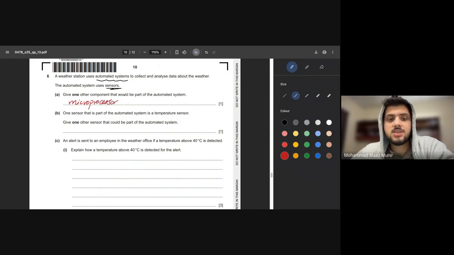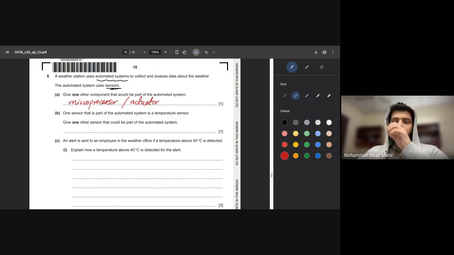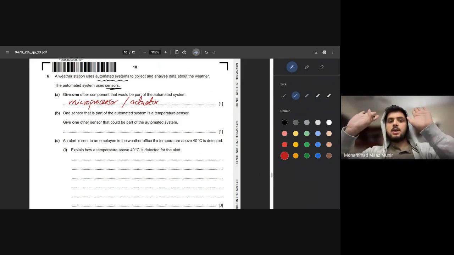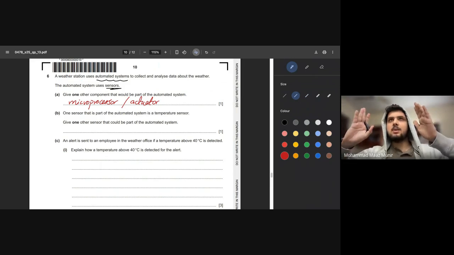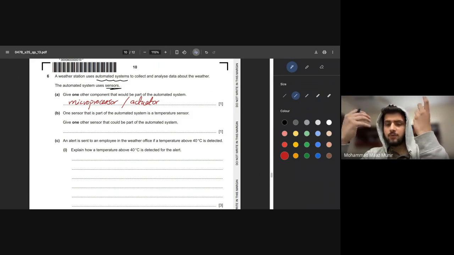Apart from microprocessor, just like I mentioned in the last question, you can also talk about an actuator. What if I have a specific device that is observing the amount of rain that is falling?